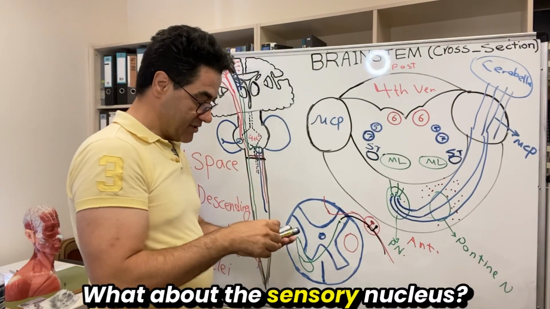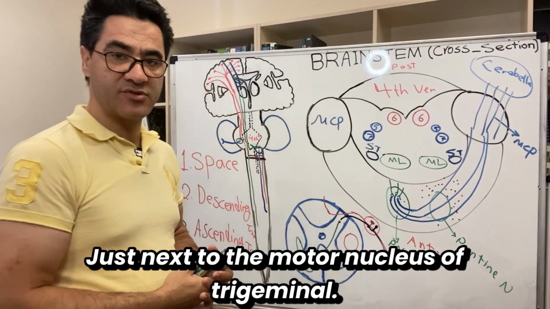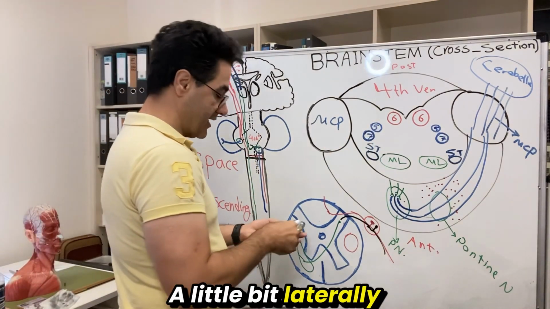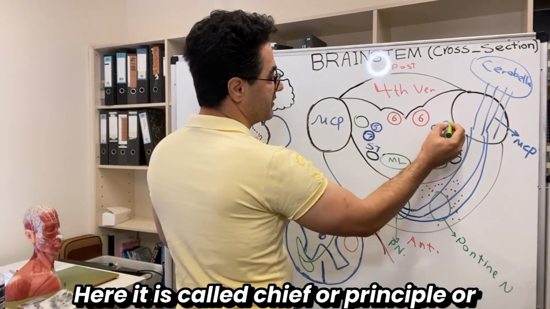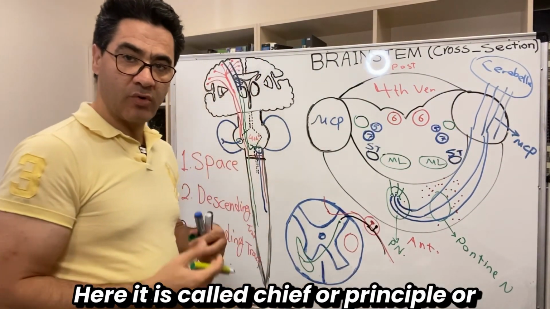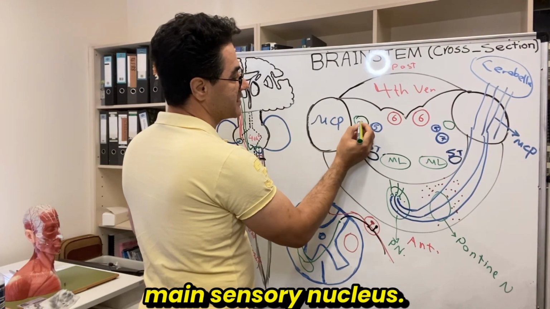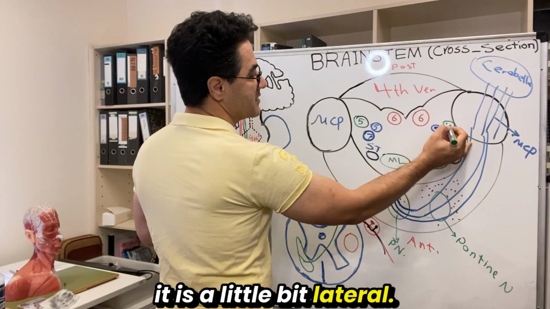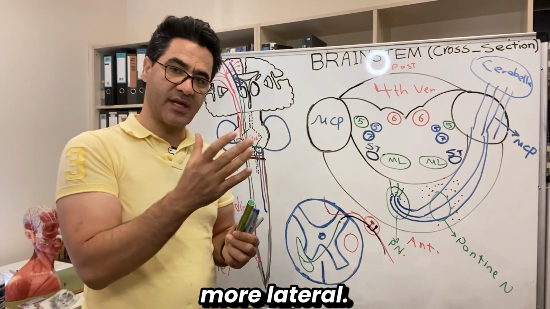What about the sensory nucleus? Just next to the motor nucleus of trigeminal, a little bit laterally, we have the sensory nucleus here. It is called chief or principal or main sensory nucleus. So this is sensory. It is a little bit lateral. So sensory nuclei are positioned more lateral.